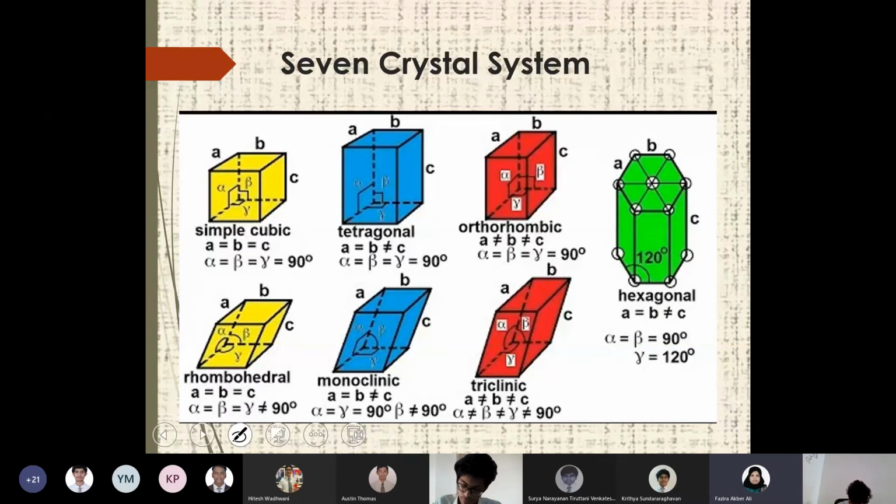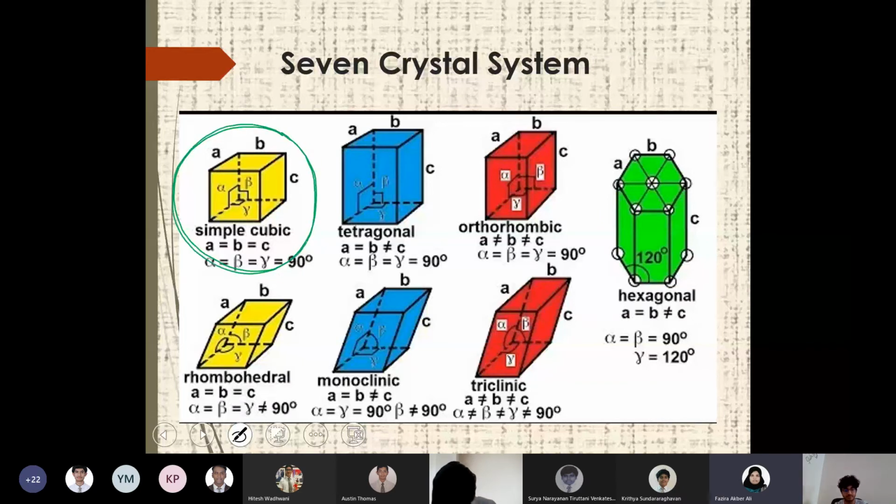So when you look at the simple cube, within the simple cube itself, the particles can be arranged in 4 different ways. The first arrangement is the primitive or simple cubic arrangement where 8 corners are there. Then you have 3 centered arrangements: body centered, face centered and end centered. So within one cubic arrangement, you have 4.